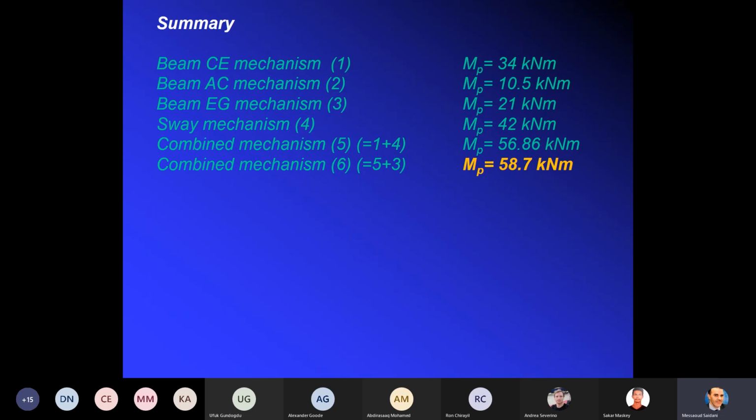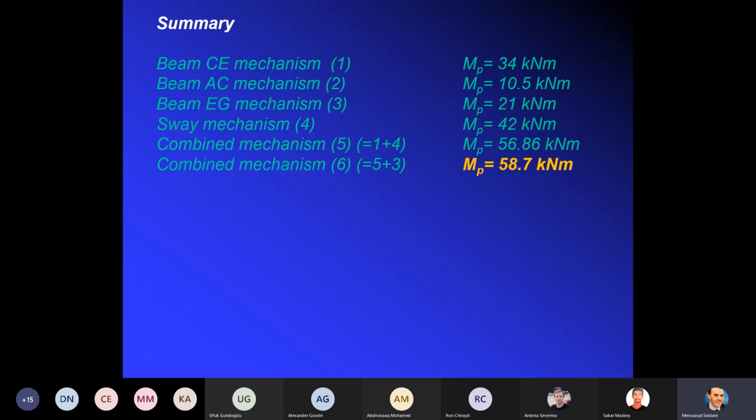Beam EG gave, these are the 2 columns, 2 and 3 are the 2 columns, so 25 kilonewton meters. The sway mechanism, 42. The combined mechanism, that's 1 and 4, gave 56.86. And finally, combined mechanism 6, which is combining 5 and 3, so it's basically 1 plus 3 plus 4, gave 58.7 kilonewton meters.